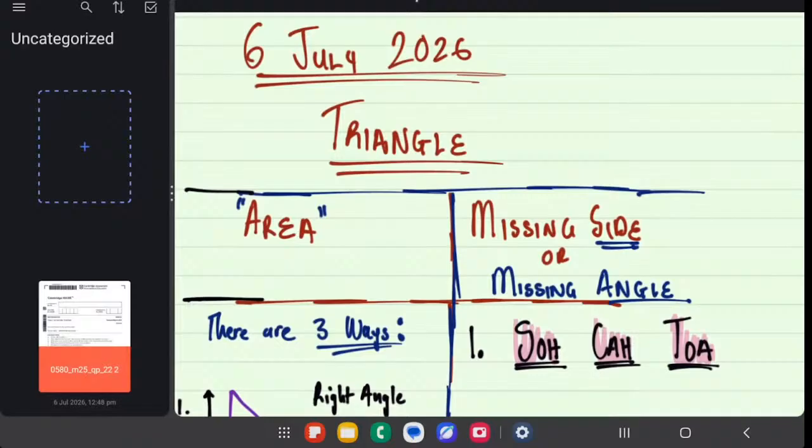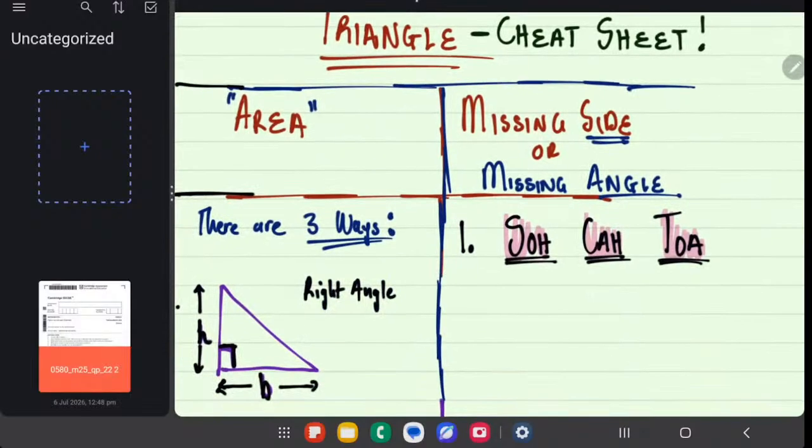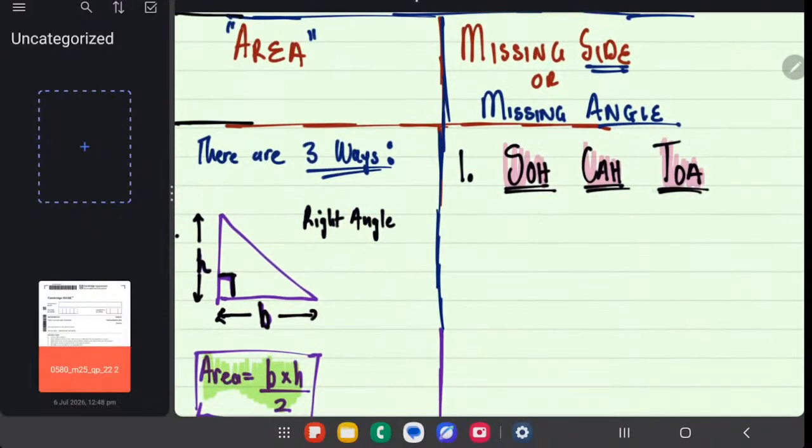This is the triangle, you can say a cheat sheet, which means I'm showing you everything you're going to need to know. Can you write for me the word Sokotoa? The way I wrote it here. I don't want to see any formulas that I didn't tell you.